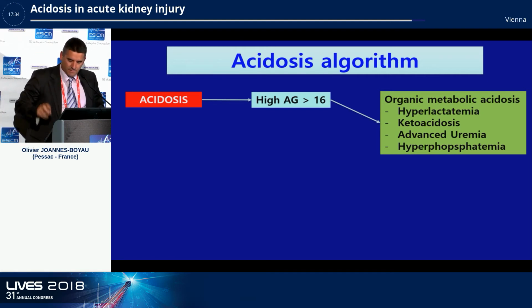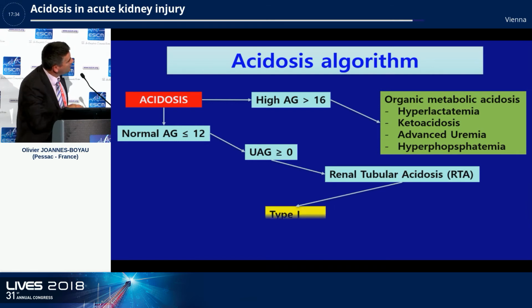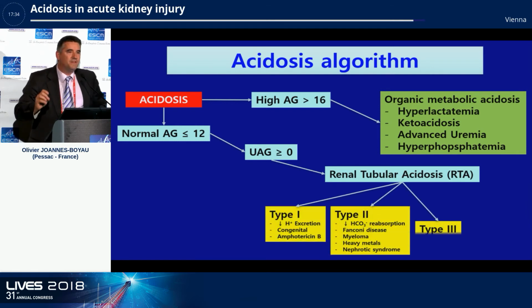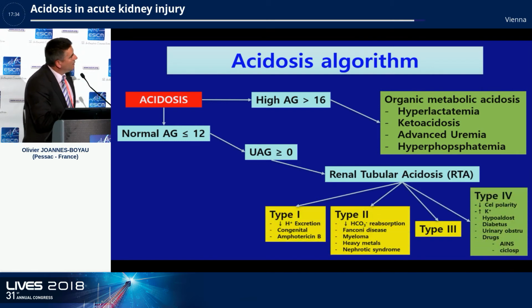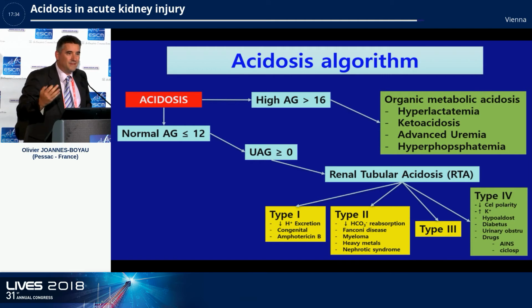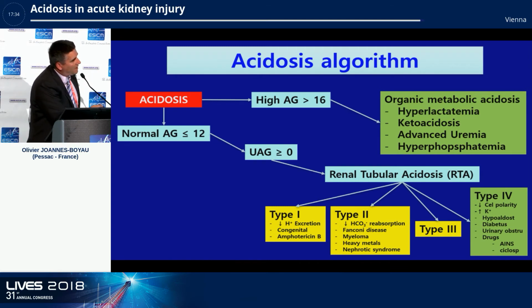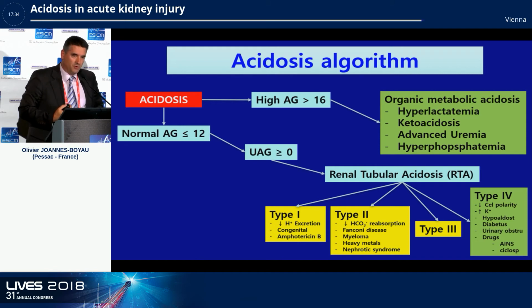Simple. Anderson and Stewart are happy. If you have a normal anion gap, it's more difficult. At this part, you have to calculate the urinary anion gap. If the urinary anion gap is positive, the kidney is not able to correct acidosis by ammonium excretion. In that case, most of the time, it's due to renal tubular acidosis.